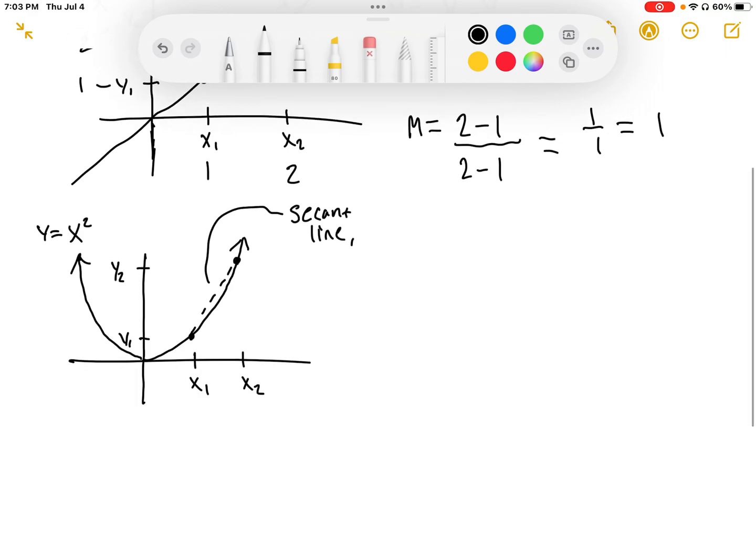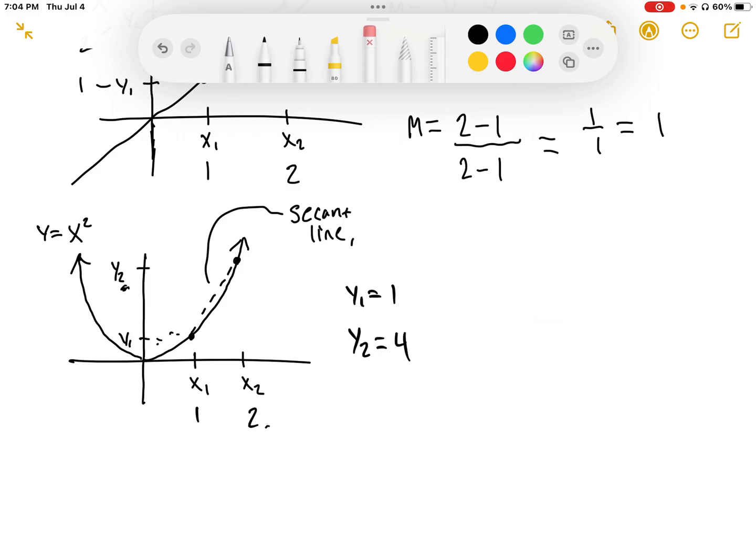So let's put some numbers in to make this more obvious first of all. So if x1 is 1 and x2 is 2, then that would mean y1 would equal right here 1 because 1 squared is 1, and y2, which is here, would be 2 squared, which is 4.